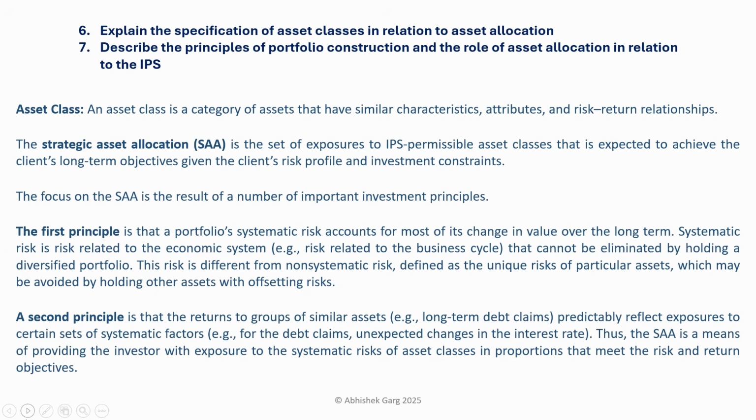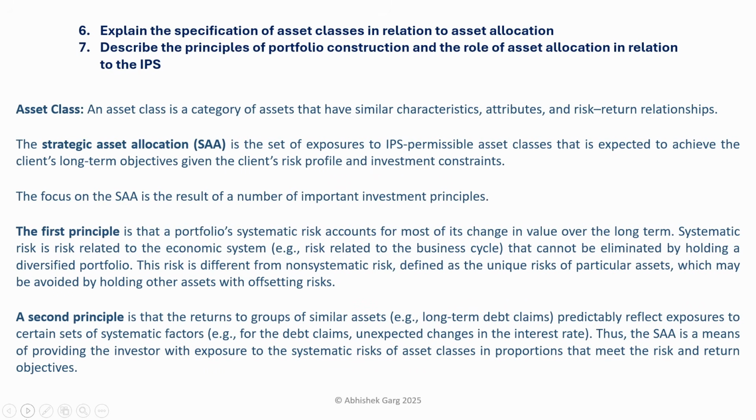What is strategic asset allocation? A strategic asset allocation is the set of exposures to asset classes that is expected to achieve the long-term objectives of the client, depending upon the client's risk profile and constraints. So at the start, you define the asset classes: what are the permissible asset classes that the investor can invest in depending upon the IPS?